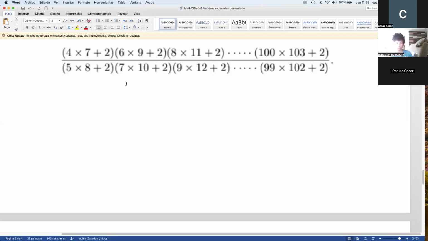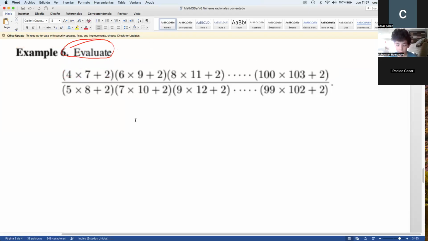Let's see this one. We will get 30, okay? This will be 56. This will be 42.